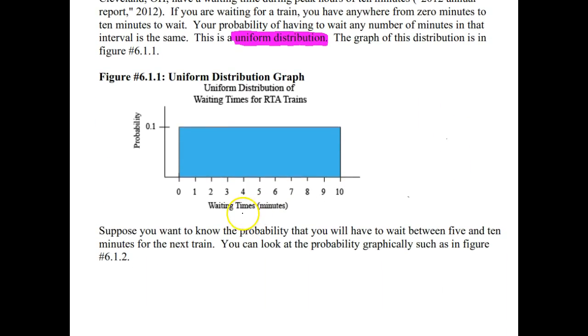Again, we're looking at times, on a continuous scale. There are tick marks on the axis for 0, 1, 2, 3, and so on. But we don't count time, so it's not like it can only be 0 minutes or 1 minute or 2 minutes; any value in between is possible as well.